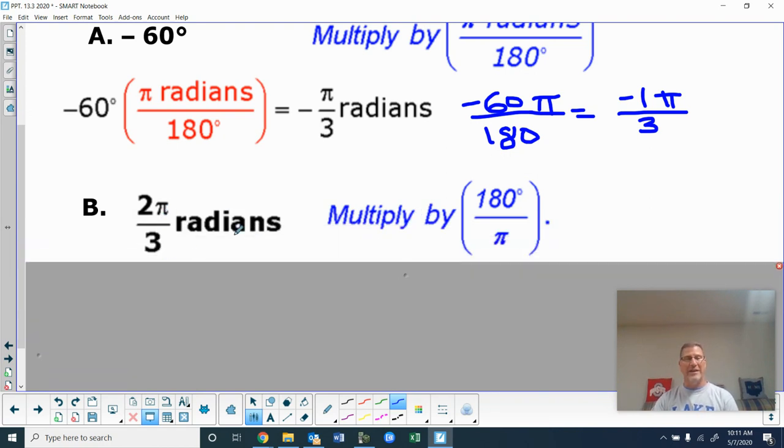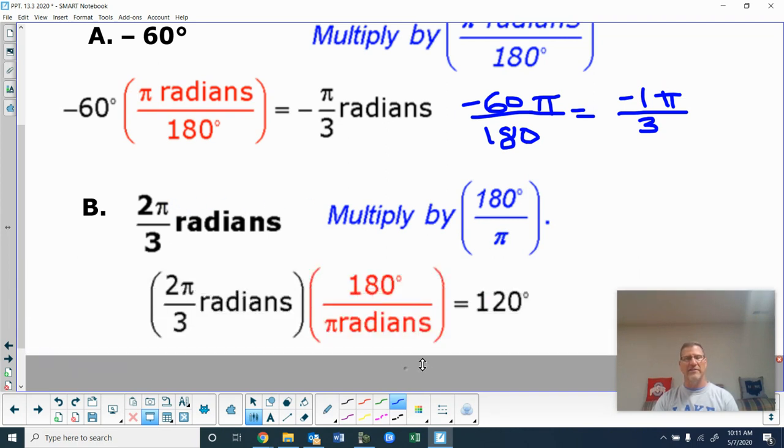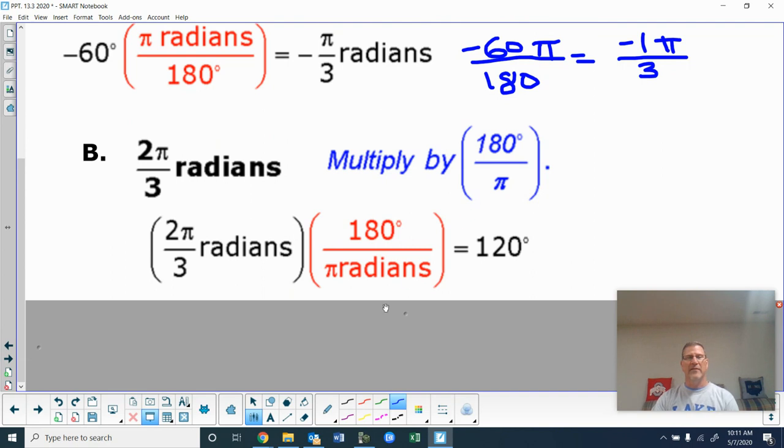In this example, we're going from radians to degrees. So we want to get rid of the pi's. That's how we remember that it's 180 over pi, because the pi's are going to be eliminated. We're going to cancel them. So the pi is out of there, and then I just go 2 times 180 is 360, and 360 divided by 3 is 120.